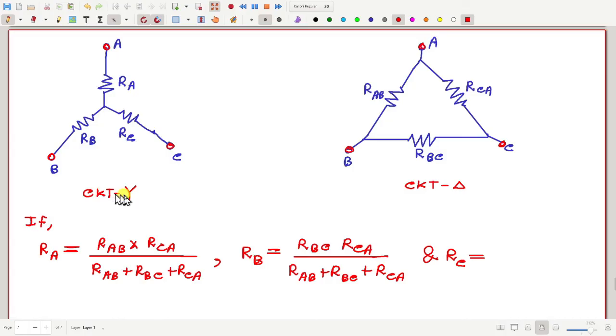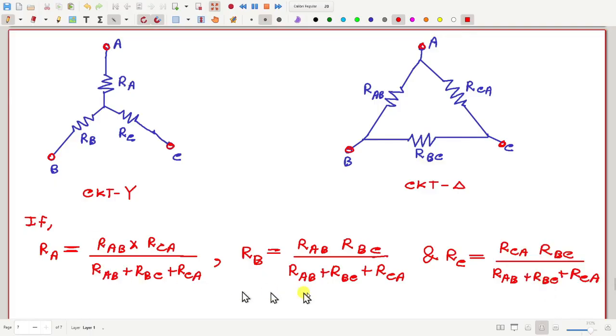Sorry, I have made a mistake here. RB should be RAB into RBC. Yes. What should be RC in a symmetric manner? RBC into RCA divided by RAB plus RBC plus RCA. Basically, the product of the two adjacent resistances divided by the sum of the three resistances.